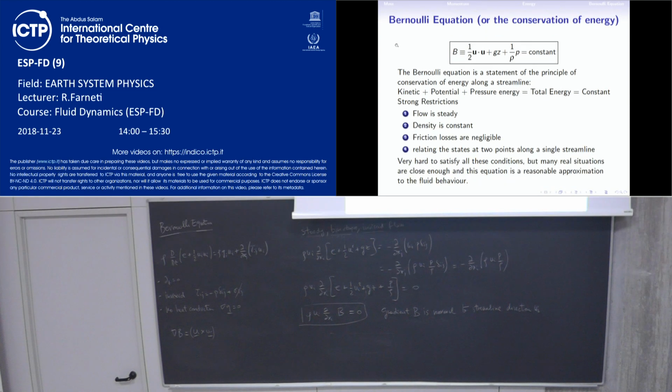As you follow your particle along a streamline, all those terms have to be constant, under those restrictions: steady flow, barotropic fluid, and inviscid. As I say, it's very hard to satisfy a lot of these conditions in real geophysical flows, but you can make these assumptions under certain conditions.